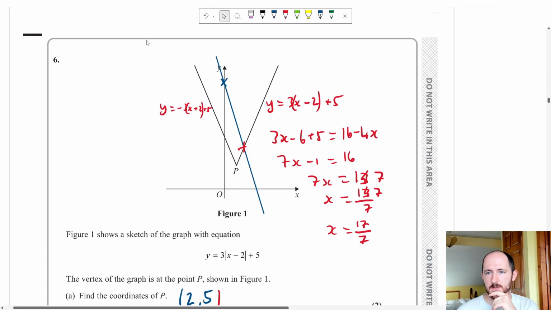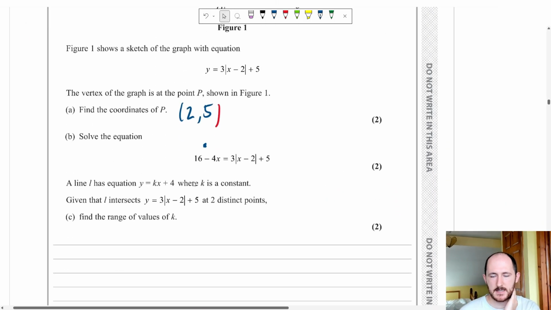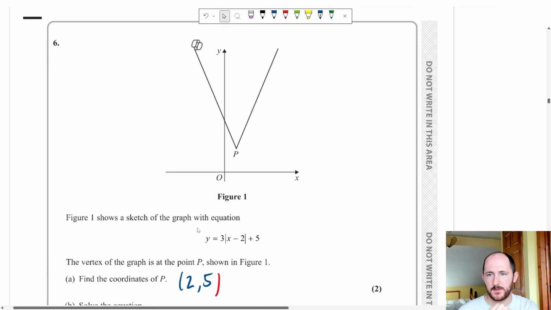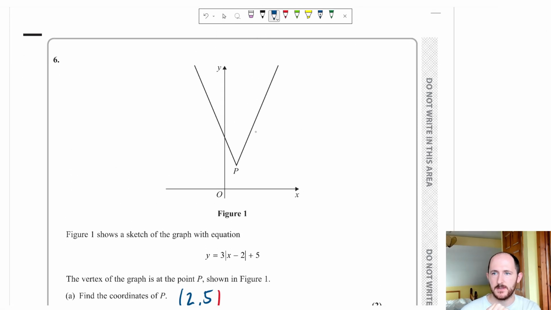So again, what we're going to do is just delete all of this quickly. Now, kx plus 4, k can be a negative number. But why can't it be negative in this case? Well, if I try and make this, so kx plus 4, we know that this thing intersects at 5. So it's intersecting there.